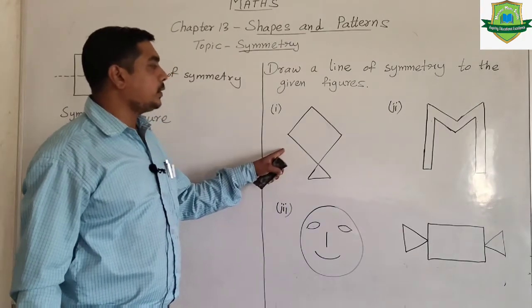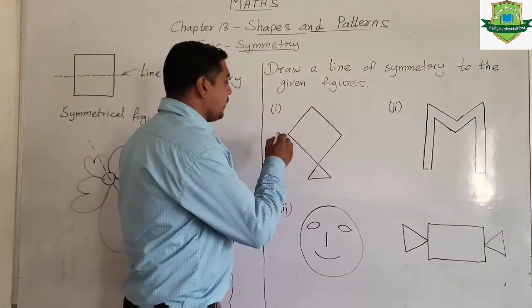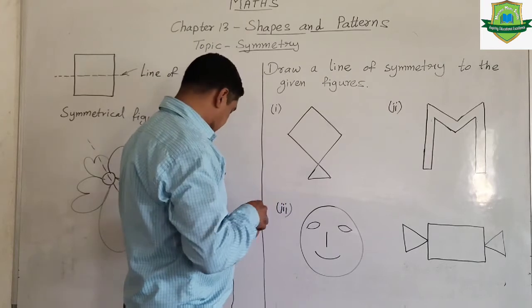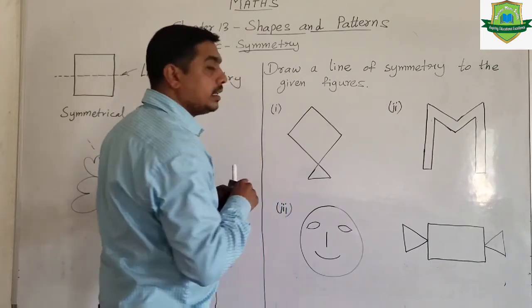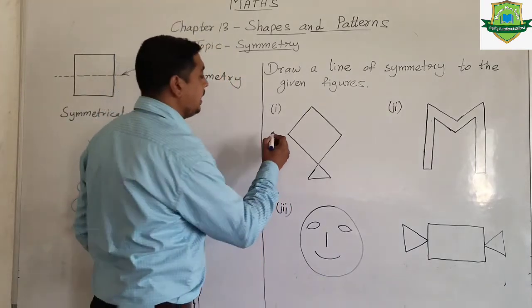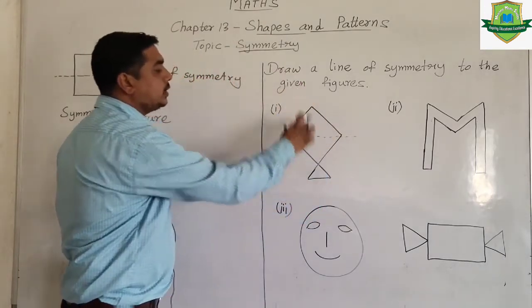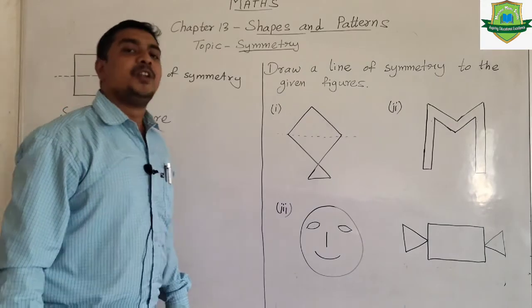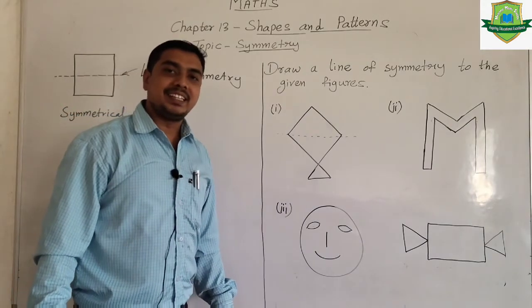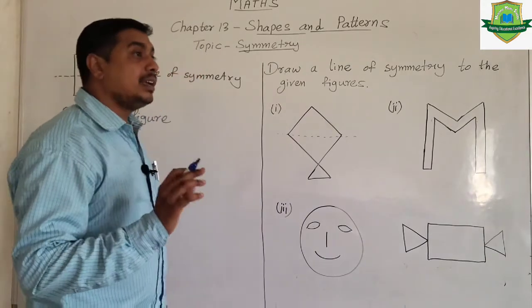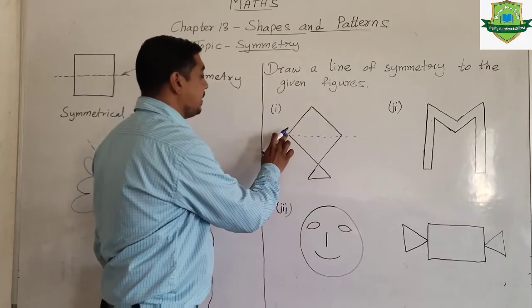So this figure is given to you. Dears, if I draw a line like this, will it divide this into two equal parts? No, isn't it? So we cannot draw a line like this for a line of symmetry.